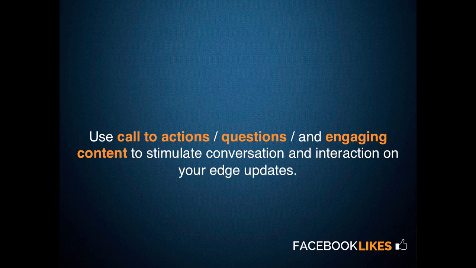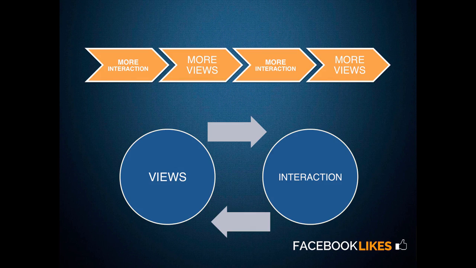So using call to actions, questions, and engaging content to stimulate conversation and interaction on your edge updates will ultimately get you more views. I'm actually going to focus the entire next segment on how to have the most engaging updates possible, including covering all of these things highlighted in orange. So I'm not going to go too deep into it now, but just realize that more interaction equals more views.